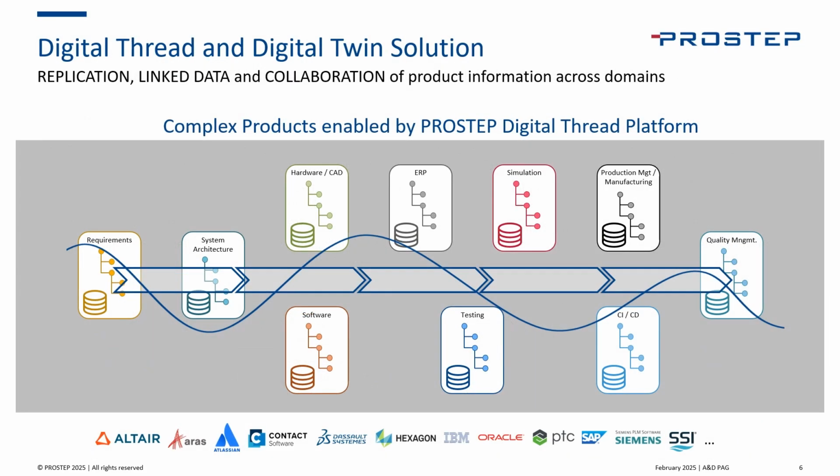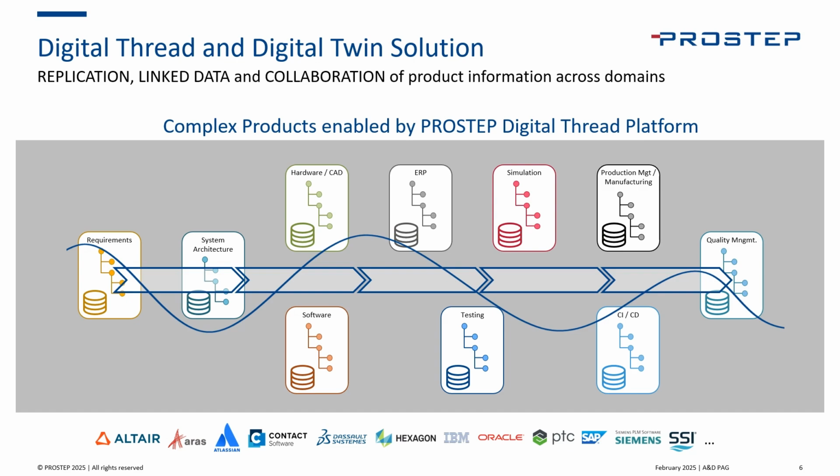So utilizing these different techniques, we're able to bring the data across the product lifecycle between the different vendor systems that you might use today in order to create that digital thread and to deliver that digital twin from engineering into manufacturing or sustainment, depending on the view of what that might be.